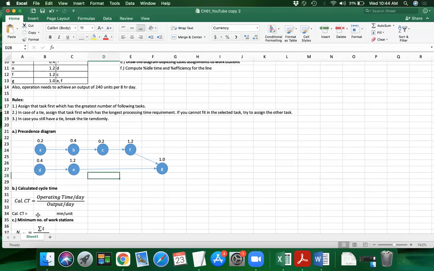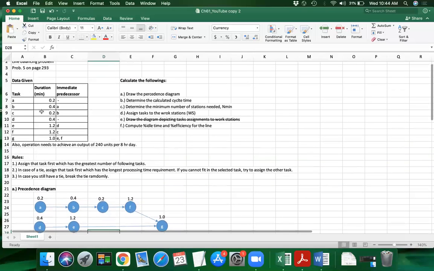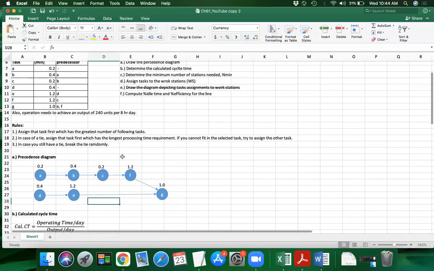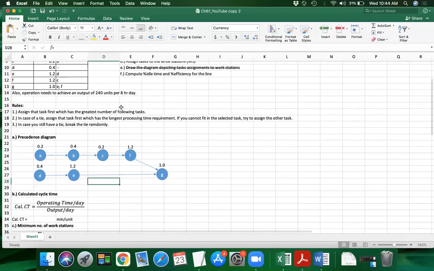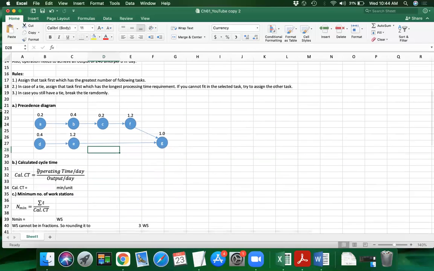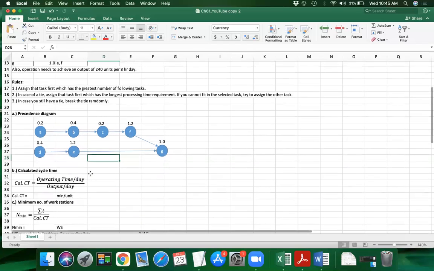Okay, so cycle time here is the calculated, sort of desired, cycle time, and it depends on the desired output in a day and the hours available in a day. Now you have to keep in mind that this table is given in minutes, and you have 8 hours, so you have to make sure everything is in minutes. So you have to convert those 8 hours to minutes, and this is the formula we are going to use: operating time per day, which is 8 hours times 60 minutes, divided by output per day, which is 240.